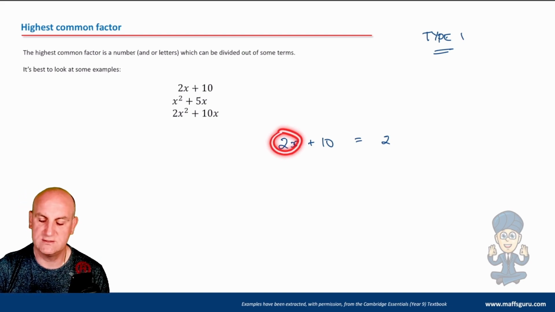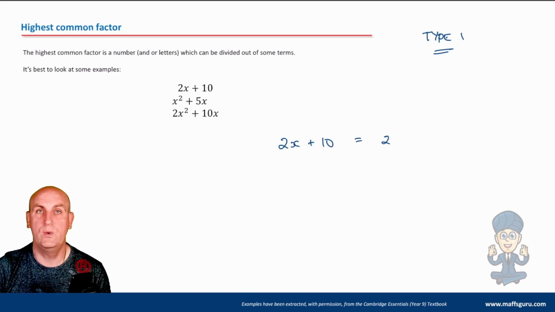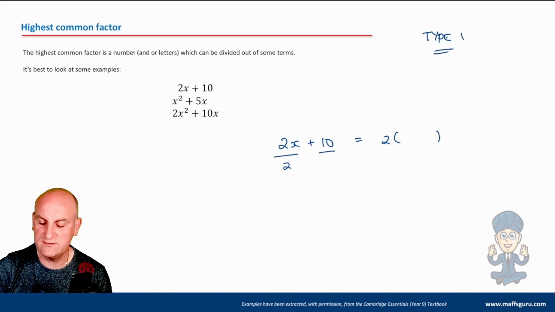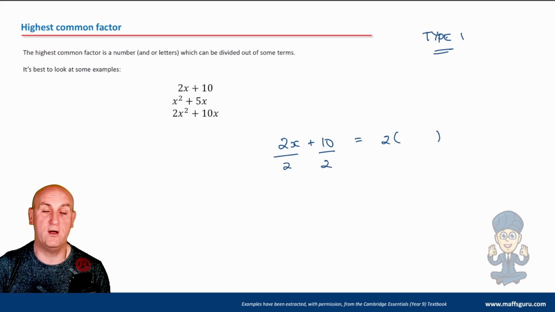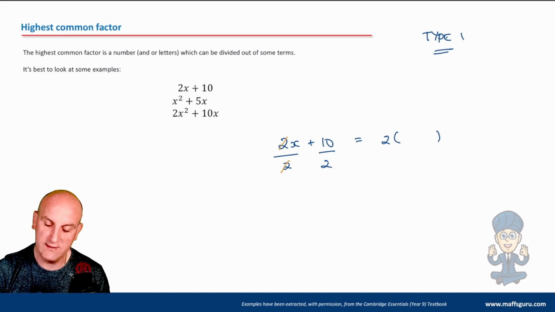Well, we notice in here that's got an X. We notice that that has no letter terms, in which case then we have no letter terms. So what I now do is I do a set of brackets. And when I am taking out the highest common factor, I am effectively dividing by what my highest common factor is. And if you are really awesome at doing this stuff, you're going to know that that 2 and that 2 there can cancel and it becomes 1 on 1.